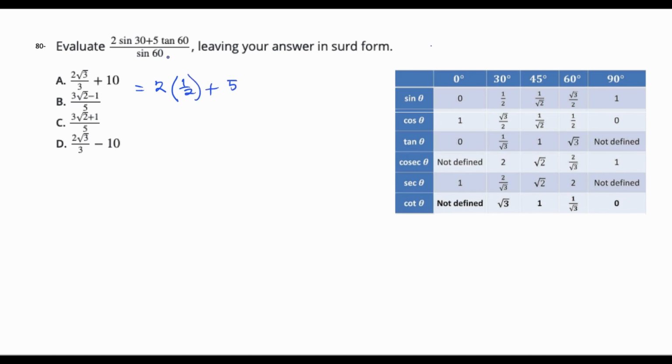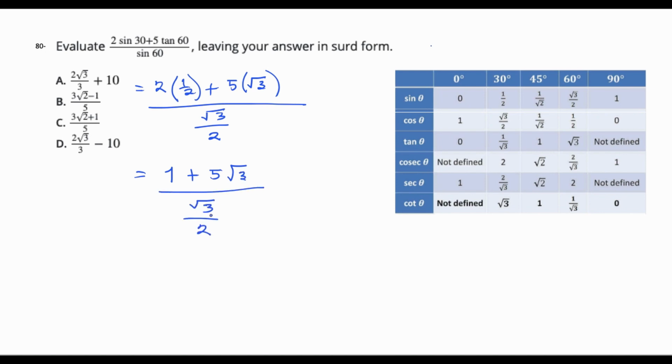Plus 5 tan 60. Tan 60 is root 3. So this is root 3 divided by sine 60. Sine 60 is root 3 divided by 2. So now we can go ahead and solve for this equation. So 2 multiplied by half, 2 cancels out 2 to leave us with 1 here, plus 5 root 3, all divided by root 3 over 2.